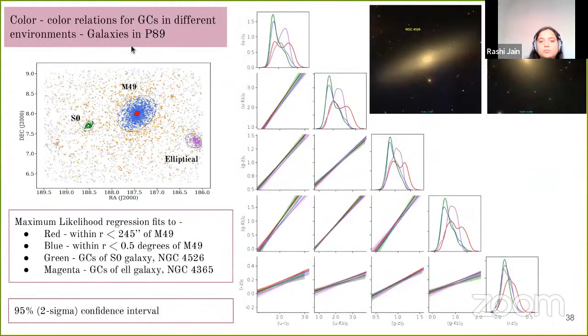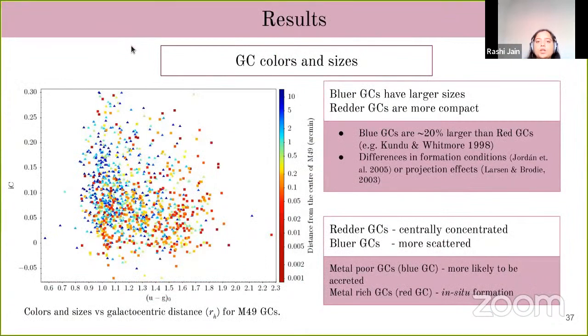About the results. So first, for the globular clusters that we have selected, we want to see if their properties are consistent with what is expected from the globular clusters in galaxies. It is known that the globular clusters in most of the massive galaxies show a color bimodality, and they are divided into red and blue subsets of globular clusters.